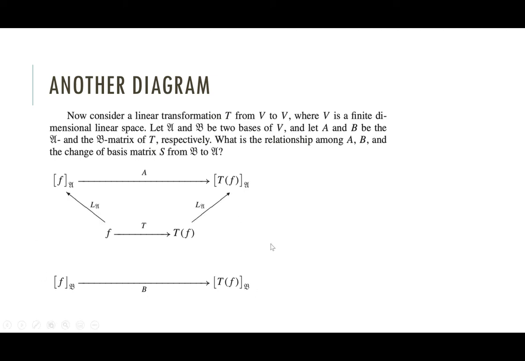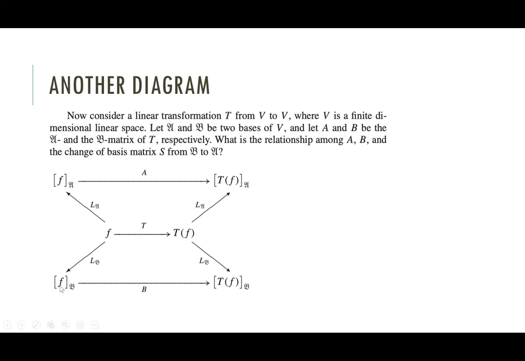Well, we know how to get from this abstract vector F to its coordinates. We just write F in terms of its basis, and we take the coordinates in terms of that basis and make it a vector. This is the coordinate transformation. So to get from here to here, we do the coordinate transformation, similarly from here to here. And then the same exact idea goes on with relationship to B coordinates.